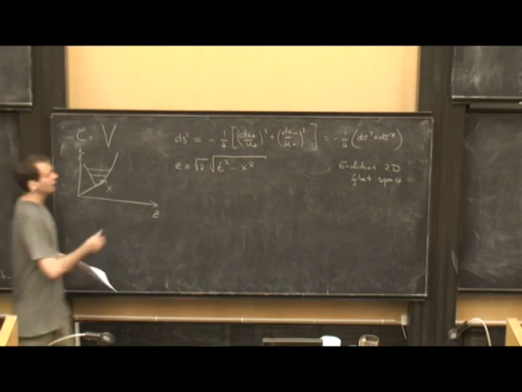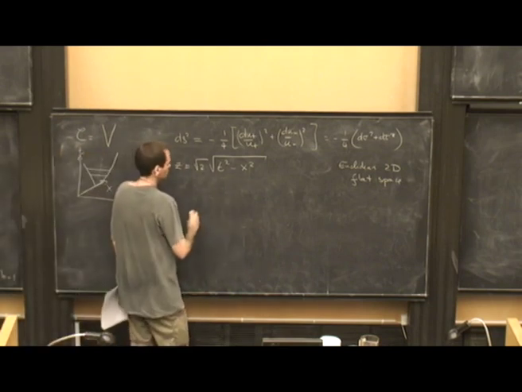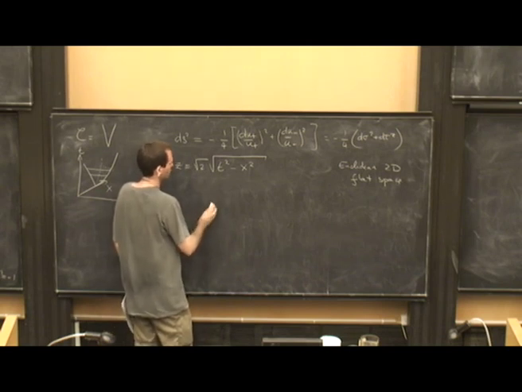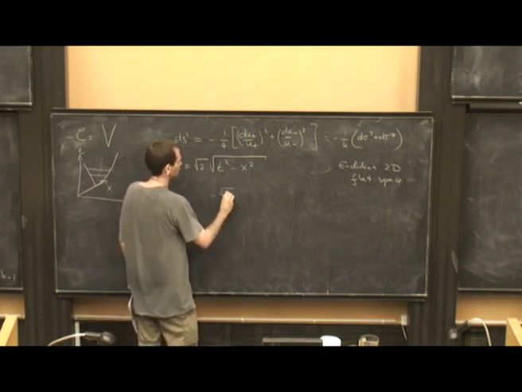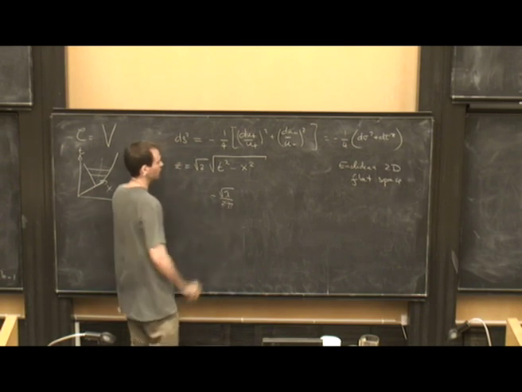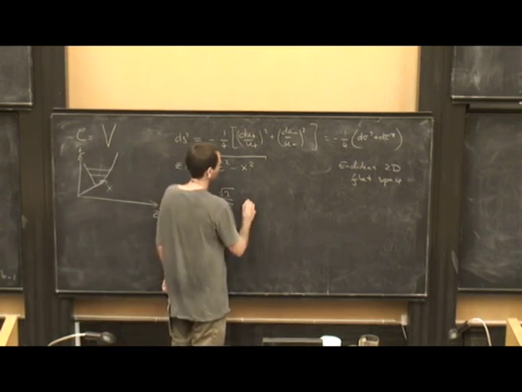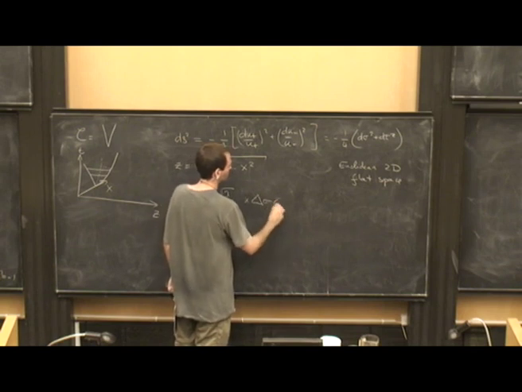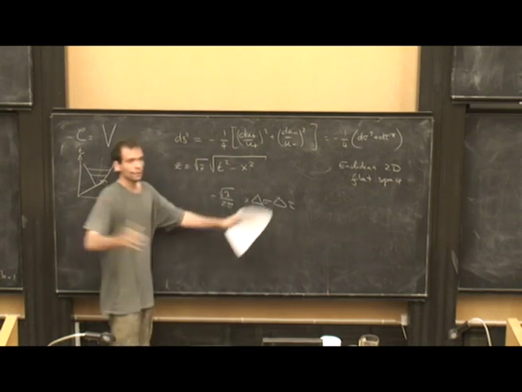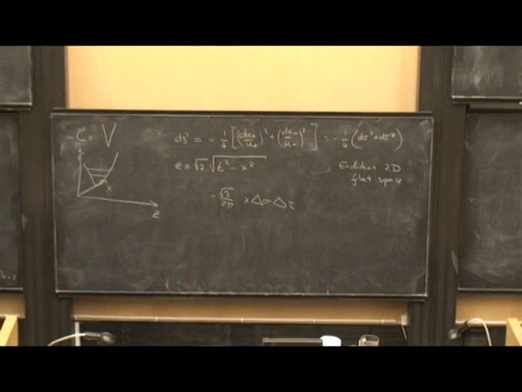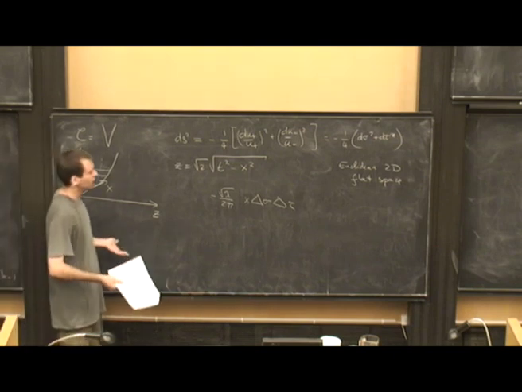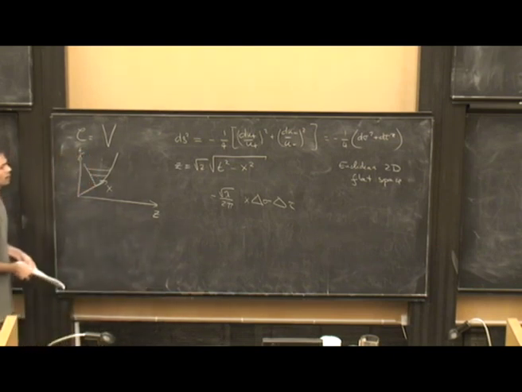So you need to put some regulator, and if you do this, you find in the exponent this string tension, which is just a measure of the density of energy of the string, times some delta sigma and delta tau, which are the cutoff. Okay? So I want to integrate over a big volume. I have delta sigma and delta tau to be large. I cannot take them to be infinite because I will get just infinity. It will be nonsense. Okay?